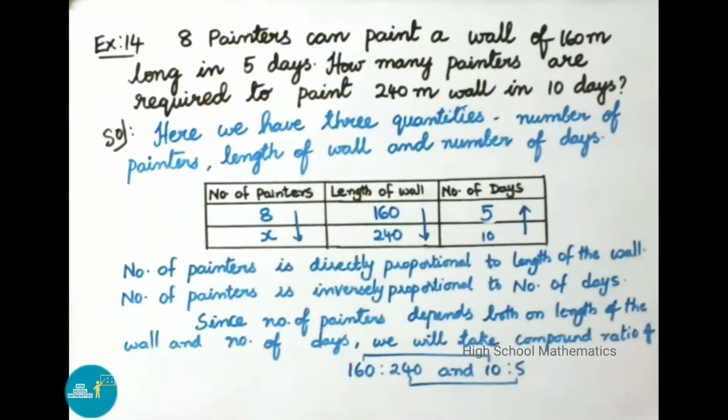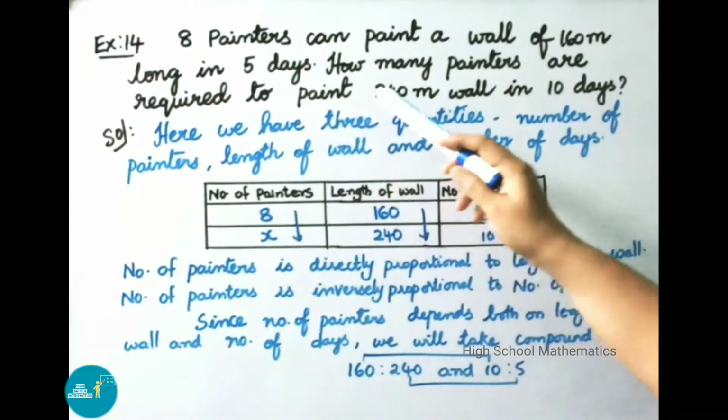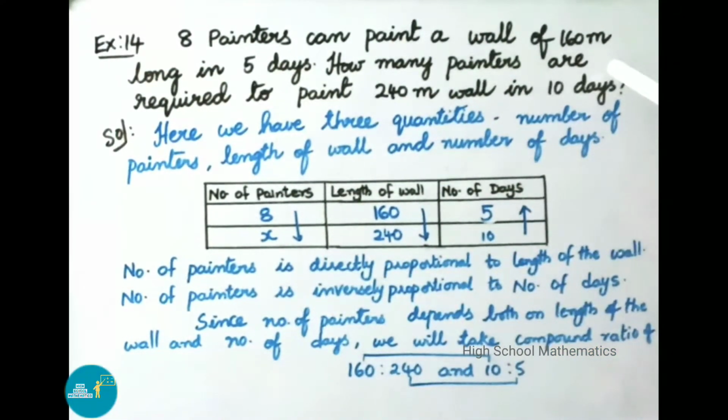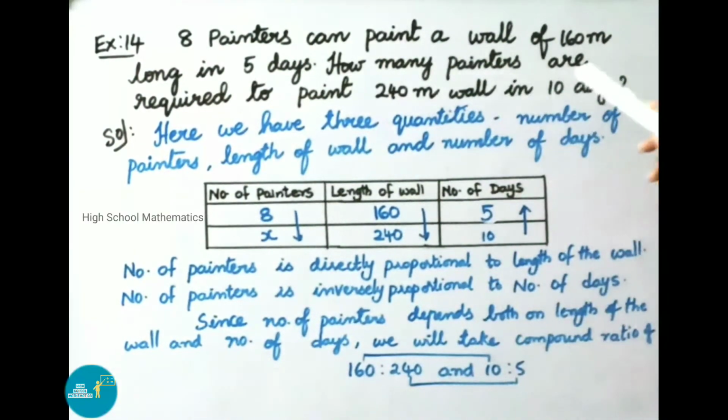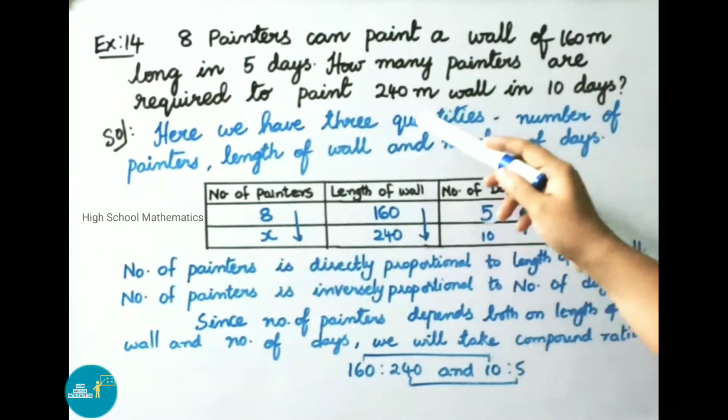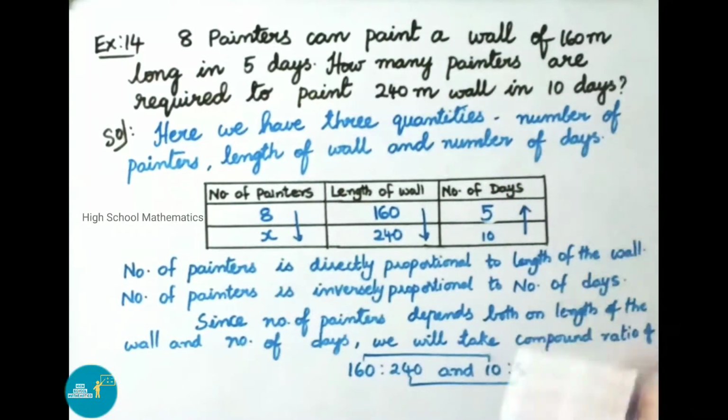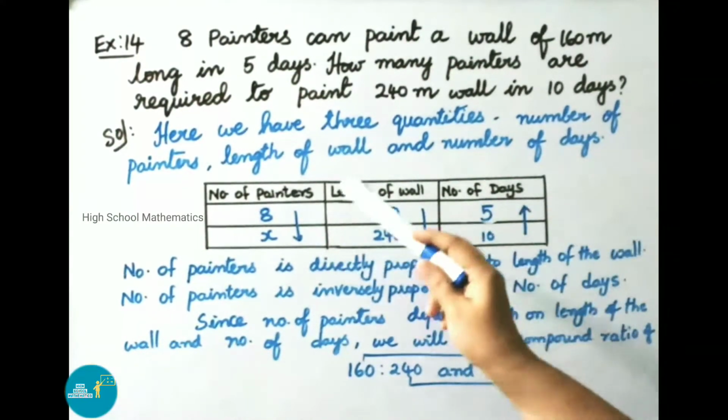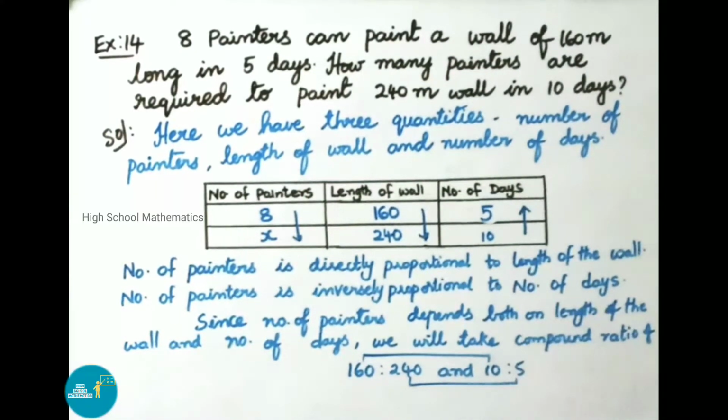See now example 14. 8 painters can paint a wall of 160 meters long in 5 days. How many painters are required to paint a 240 meter wall in 10 days? Let us see the solution. Here in this question we have three quantities: number of painters, length of wall and number of days.